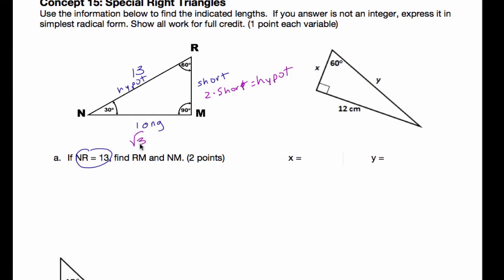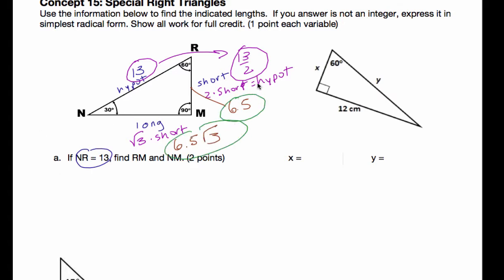And then root 3 times short equals this one. Well, that means that if this is 13, then this is 13 over 2, okay? So put the answers in red. This side is 6.5, and that makes this 6.5 square root 3. Okay, so those are my two answers.